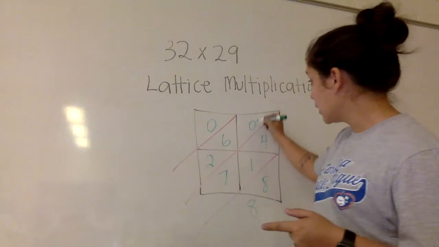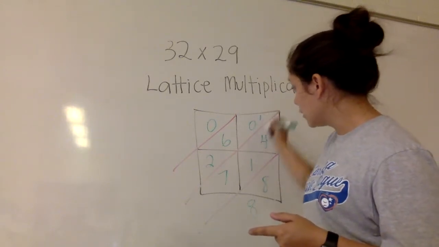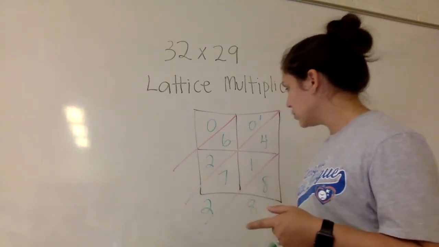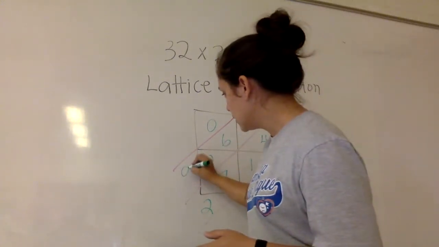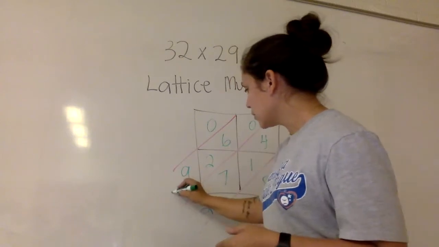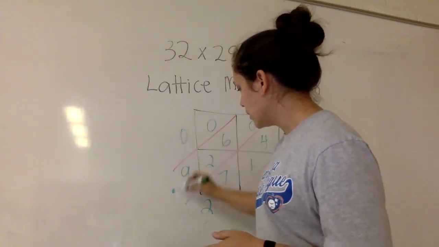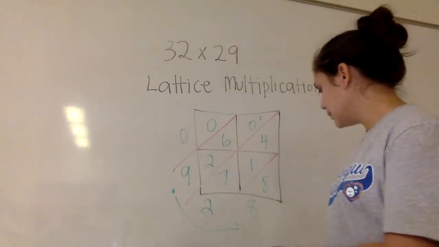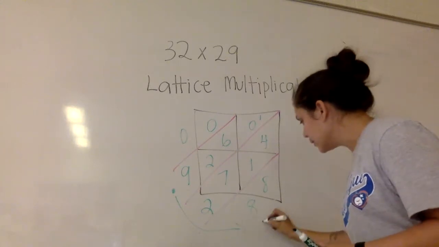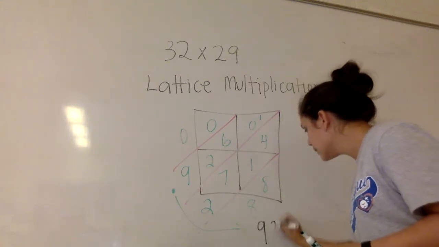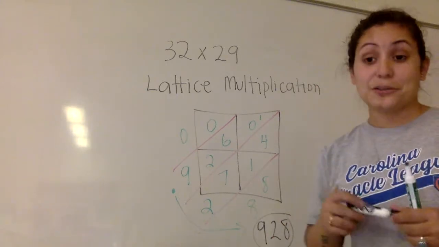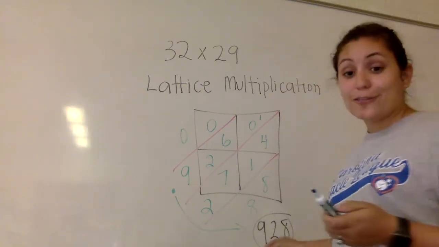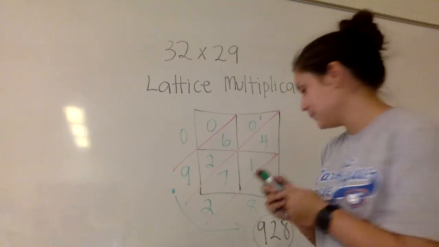Just like addition, you're gonna carry over your 1. 2, 6, 1 plus 0 plus 6 plus 2, 9. 0. So this is 0. And your answer goes this way. So our answer, again, 29 times 32, 928. Pretty fun, pretty quick, pretty easy.